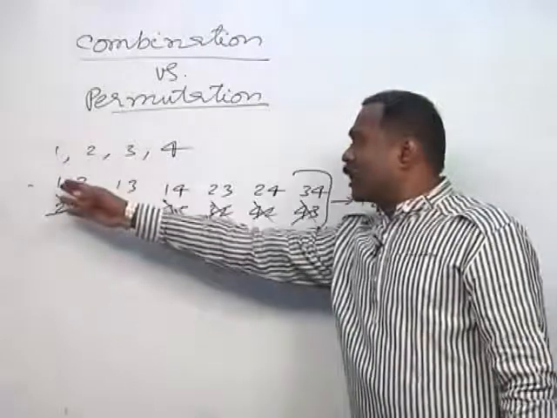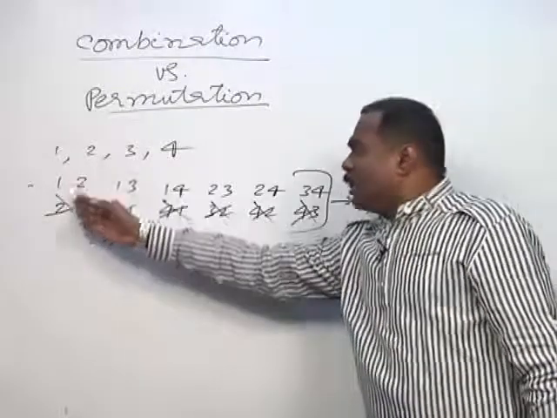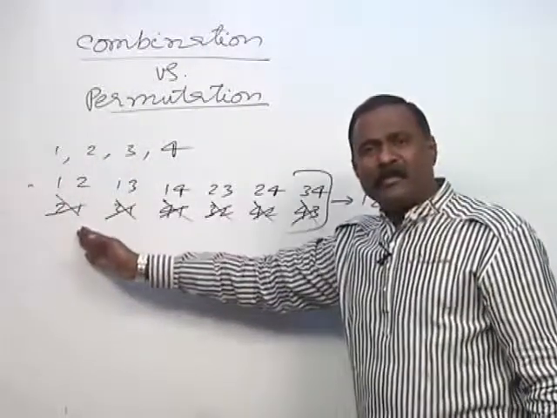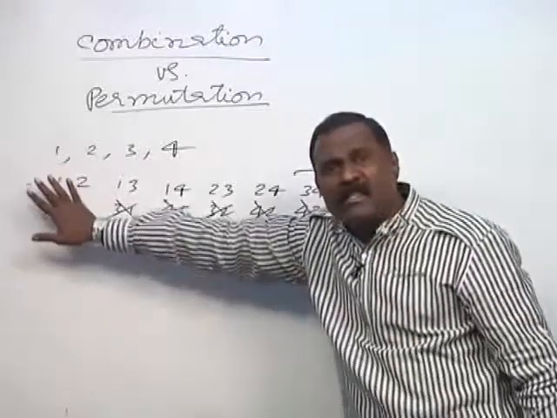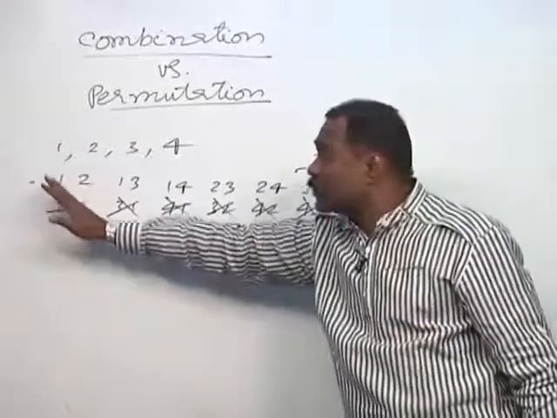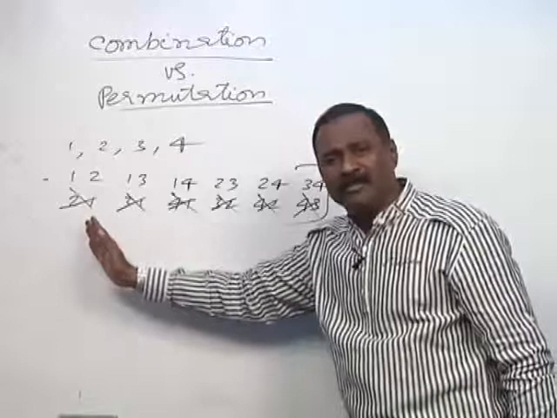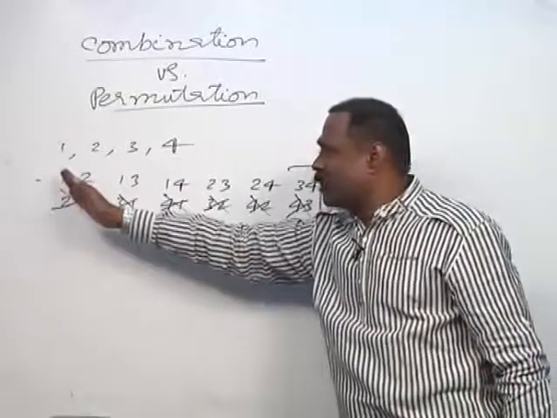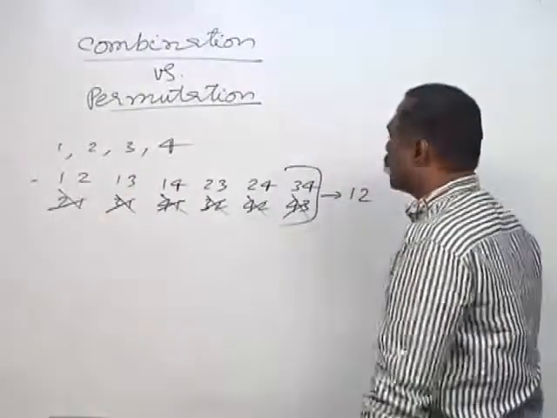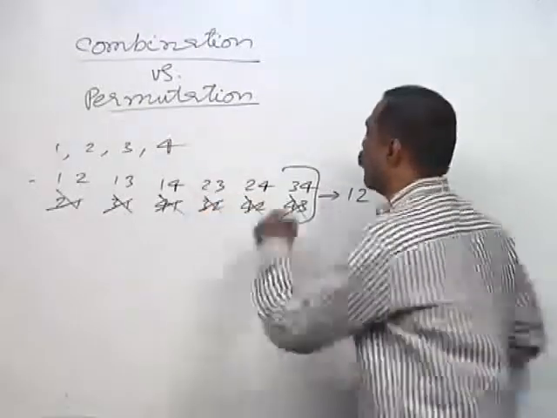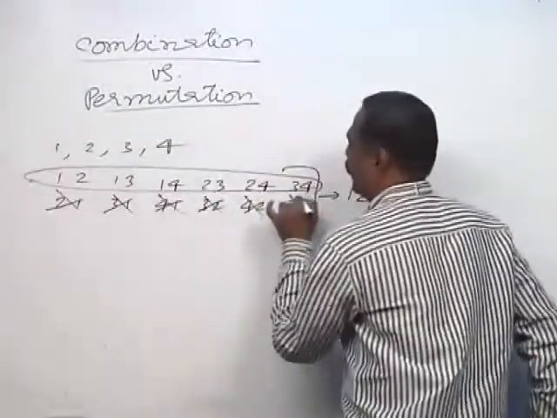In ascending order of magnitude, you are getting only one among these two. That means order of things is not to be considered. That means 1 2 will not be taken as 2 1 if it is an ascending order of magnitude. So how many have you got here? Now you have got only 6 here.